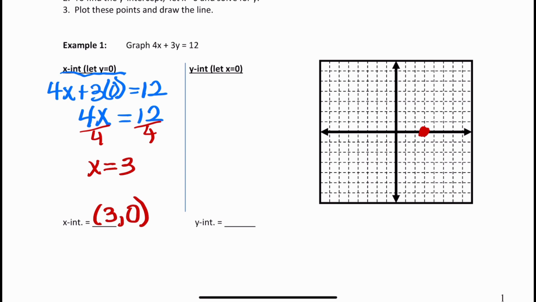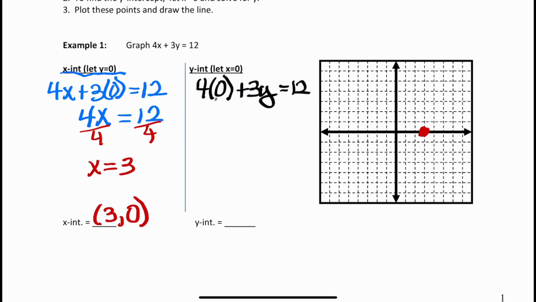Remember, we said that anytime a line crosses the y-axis, the x value is 0. So to find the y-intercept, we go back to our equation, but instead of an x, we put a 0 in for x and keep the y. So we're trying to find the y value by letting x equal 0.